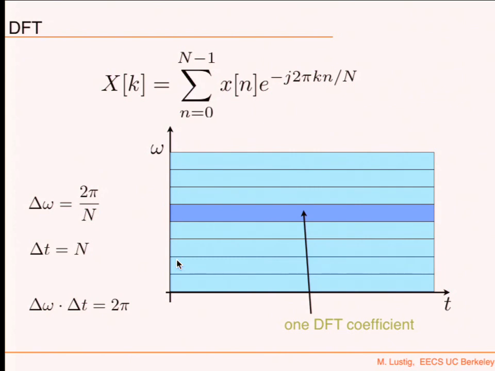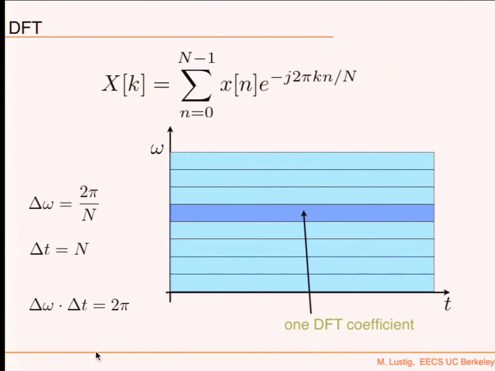So each DFT coefficient represents a certain delta omega. It also represents a certain delta t. What is delta t? It's the size of the window that I picked. I picked n samples. What is the spectral resolution? It's 2 pi over the number of samples. So, delta omega times delta t equals 2 pi all the time.